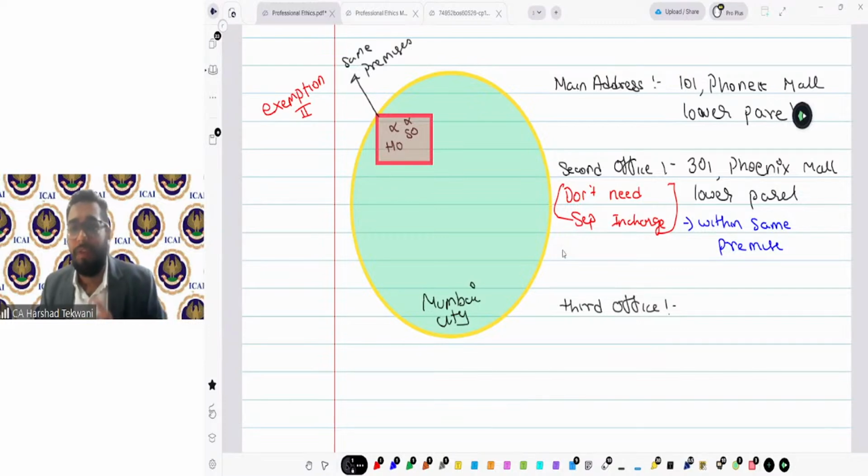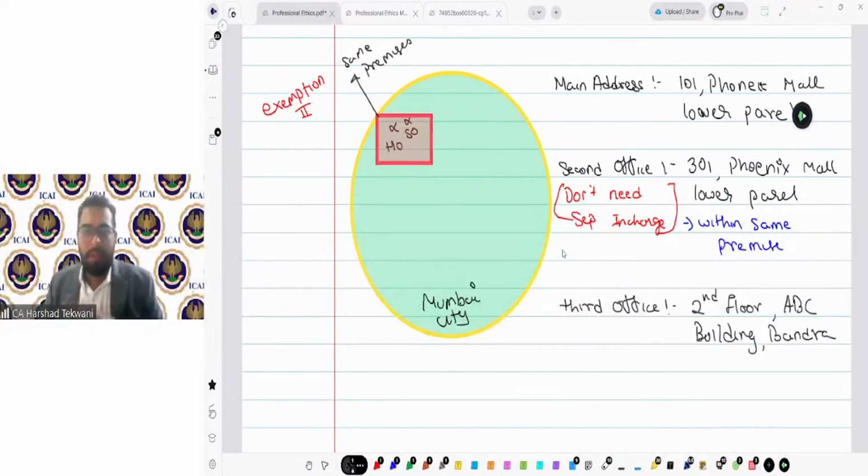For example, instead of T01 Phoenix Mall Lower Parel, I have opened an office, let's say, on the second floor, ABC building, Bandra. Okay, in Mumbai itself, somewhere down in Mumbai, third office.